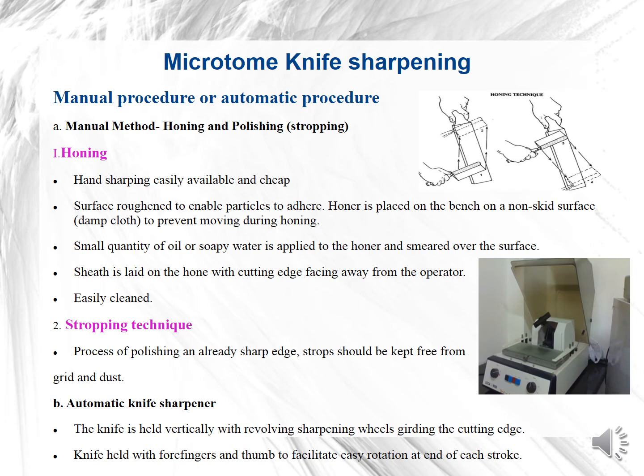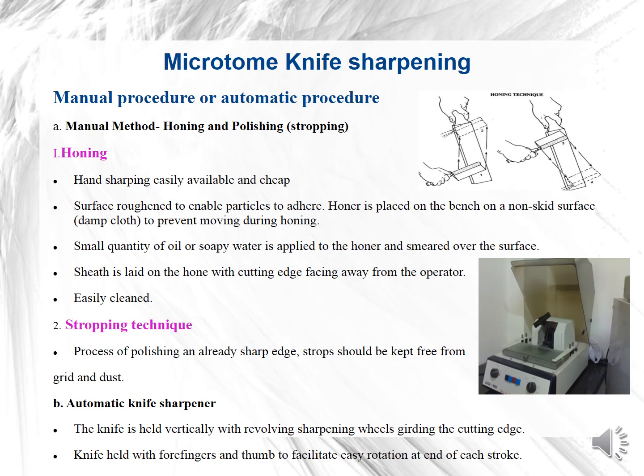Next, how are these knives sharpened for getting good sections? There are two methods. One is the manual method and the second is the automatic method of sharpening the knife. In the manual method, there is honing, that is the hand sharpening, easily available, very cheap, and the surface is roughened to enable the particles to adhere.